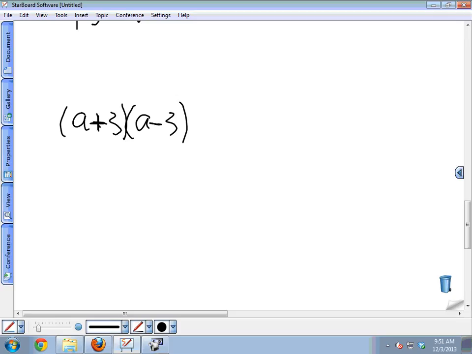You can skip the middle term because you know it's going to be 0. So all you have to do is take a squared, and you know it's going to be a squared minus 9, 3 squared. That's the answer.